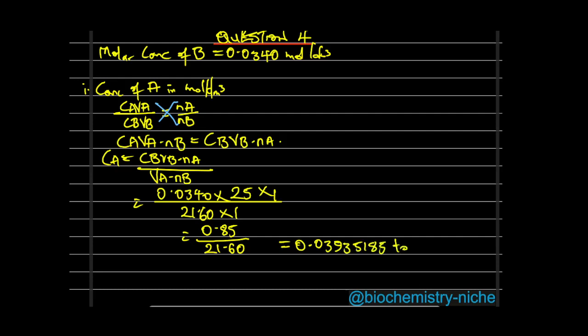When you give it to three significant figures, it equals 0.0394 moles per dm cube. So that is the value of our CA. Our CA is 0.0394 moles per dm cube.